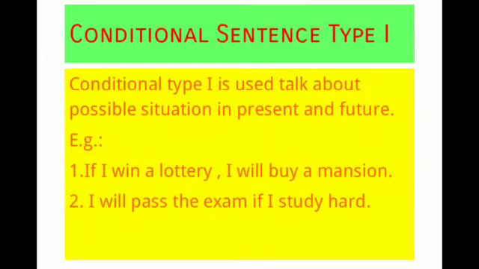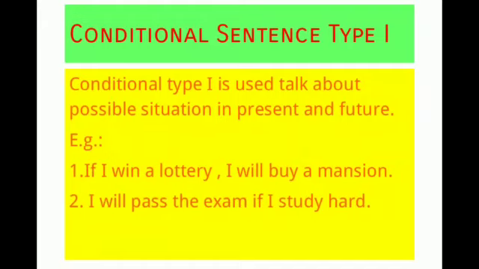Jadi, kalimat pengandaian tipe 1 ini digunakan untuk berbicara tentang situasi atau keadaan yang masih mungkin terjadi di masa sekarang atau di masa depan. For example, if I win a lottery, I will buy a mansion.